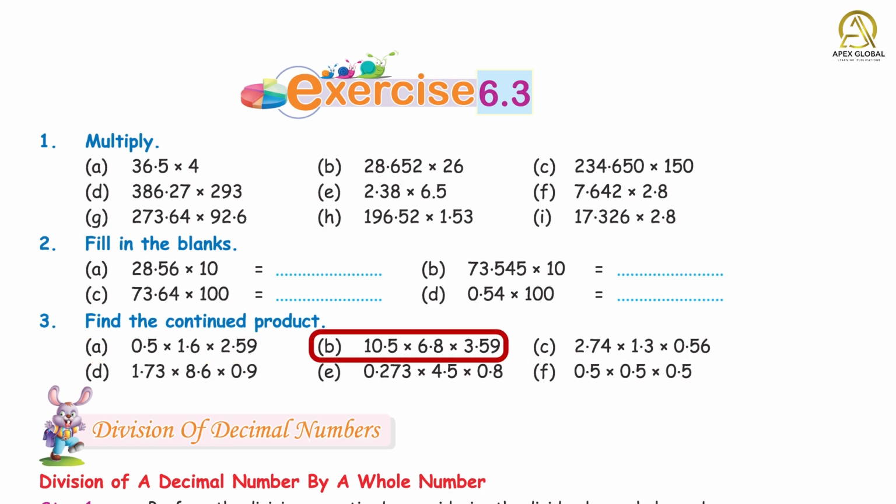B. 10.5 into 6.8 into 3.59. C. 2.74 into 1.3 into 0.56. D. 1.73 into 8.6 into 0.9. E. 0.273 into 4.5 into 0.8. F. 0.5 into 0.5 into 0.5.